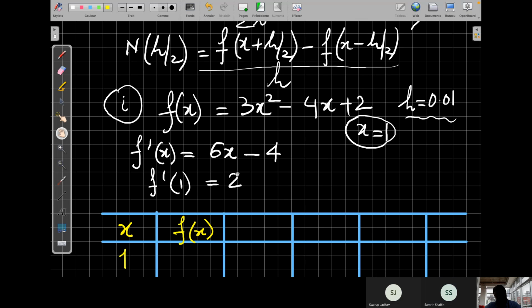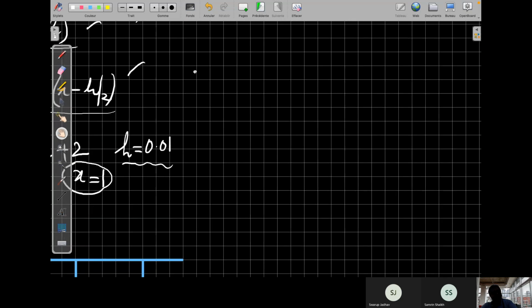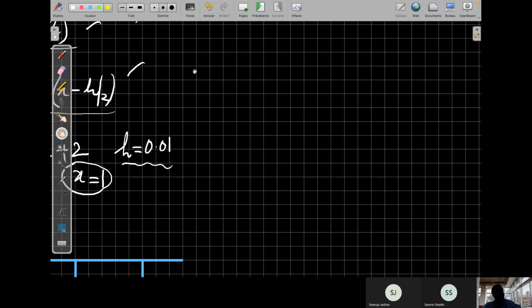So what you should do now is we'll take a much more complicated function and try to find out the derivative. A complicated function is much more difficult to work with, so we'll take this one.